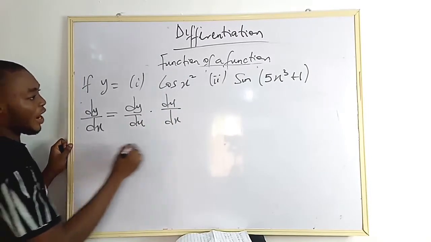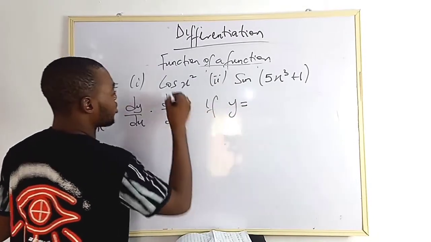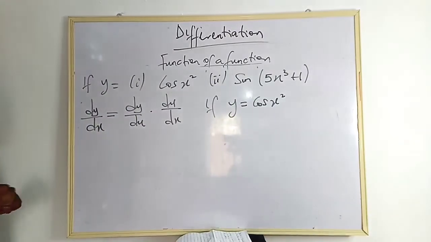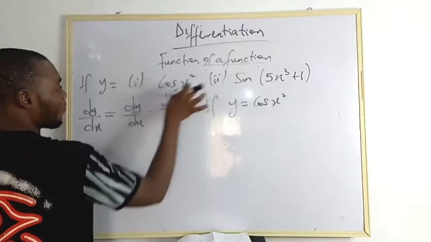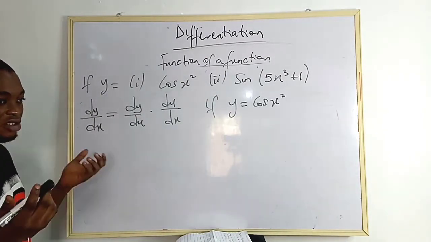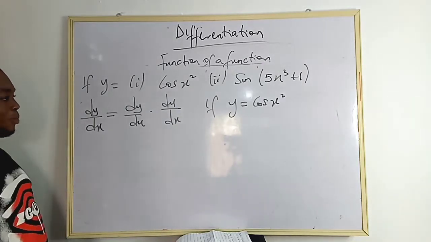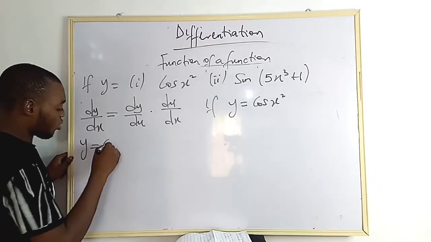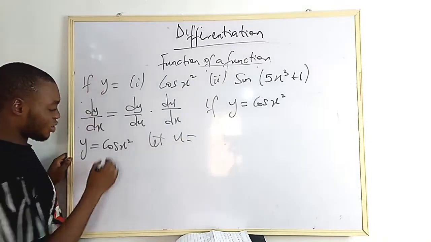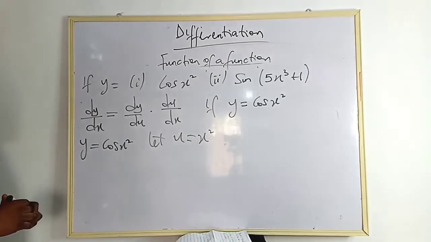From here, if y equals cos x squared, using the function of a function, which we also call the chain rule, we say let u be equal to x squared.